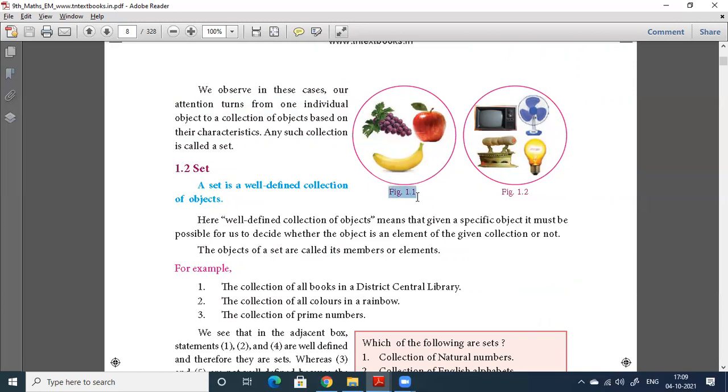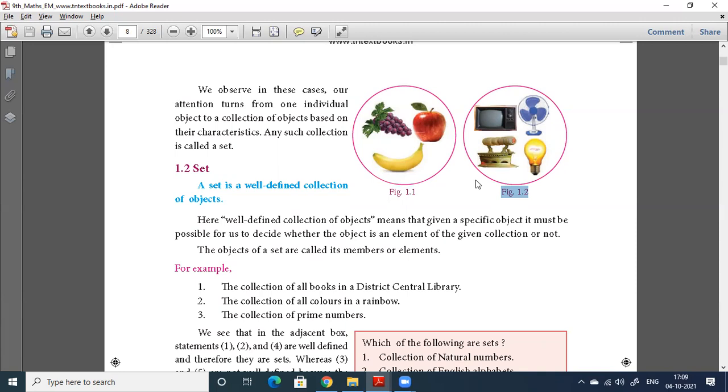Represents a collection of household items. A collection of what? What is figure 1.1? Collection of fruits, uncle. Collection of fruits. Okay. What is figure 1.2 then? Household items, uncle.